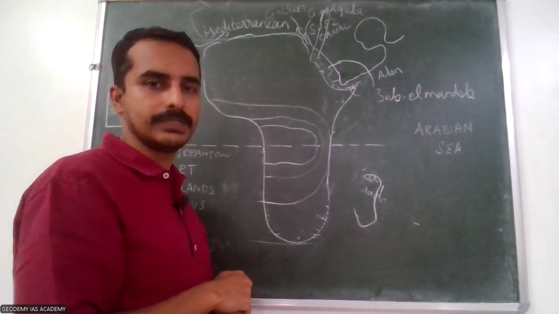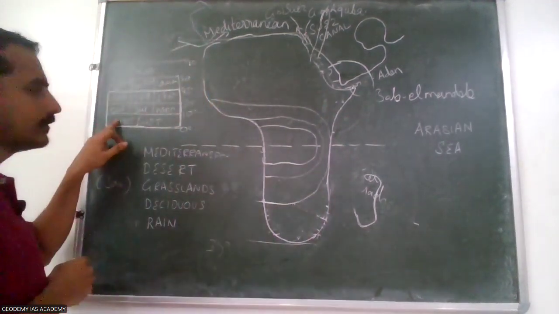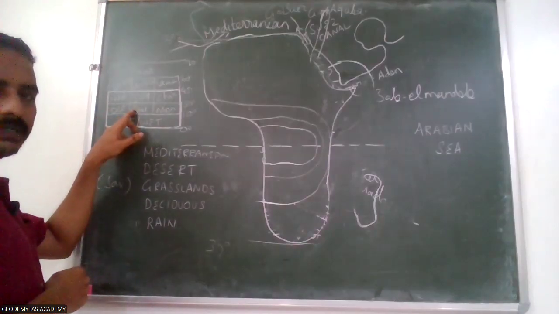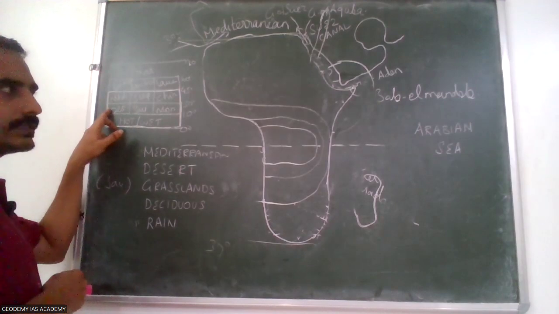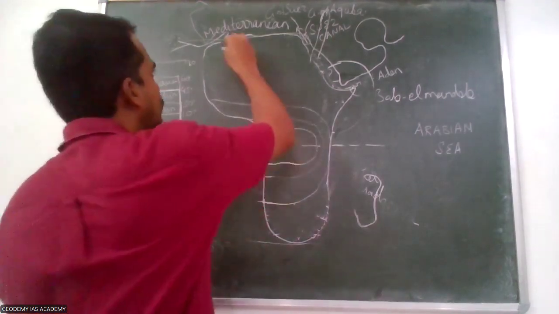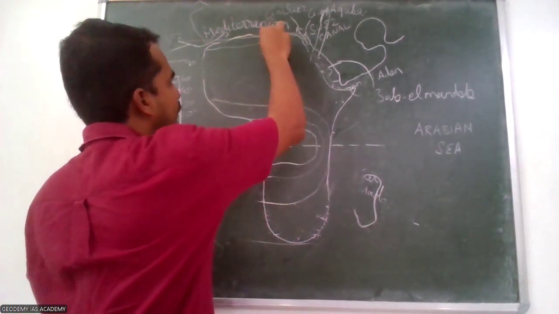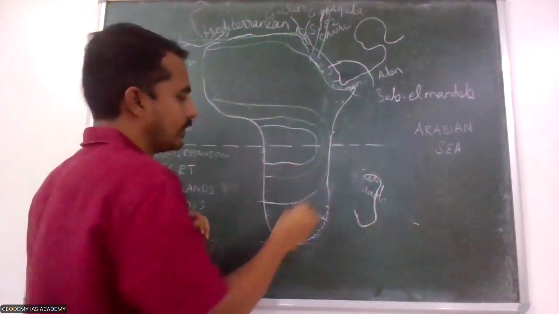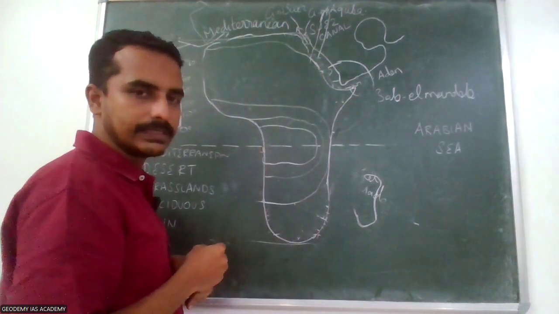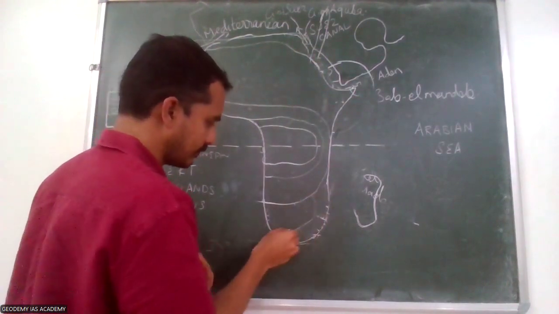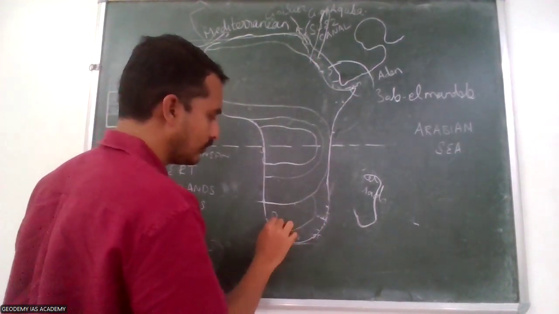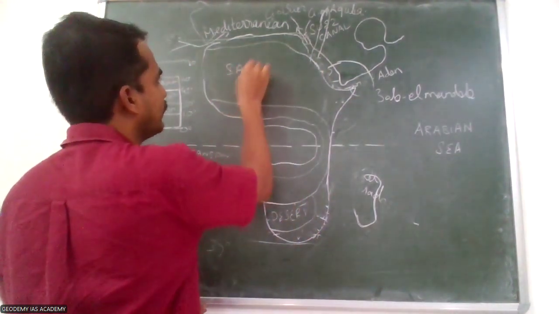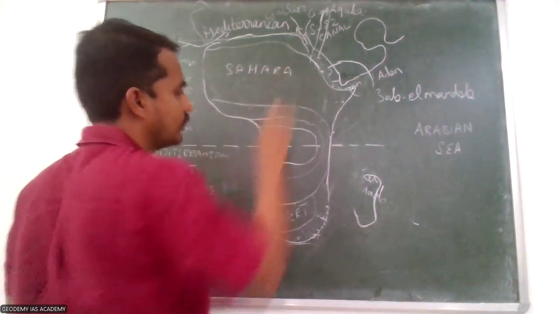Then hot, wet, equatorial type climate, and then savanna grassland region, and some parts of the western side are desert, right? So these are all desert regions. Complete desert, and here also desert, Kalahari Desert. So Kalahari desert here, Sahara desert here, equally distributed.